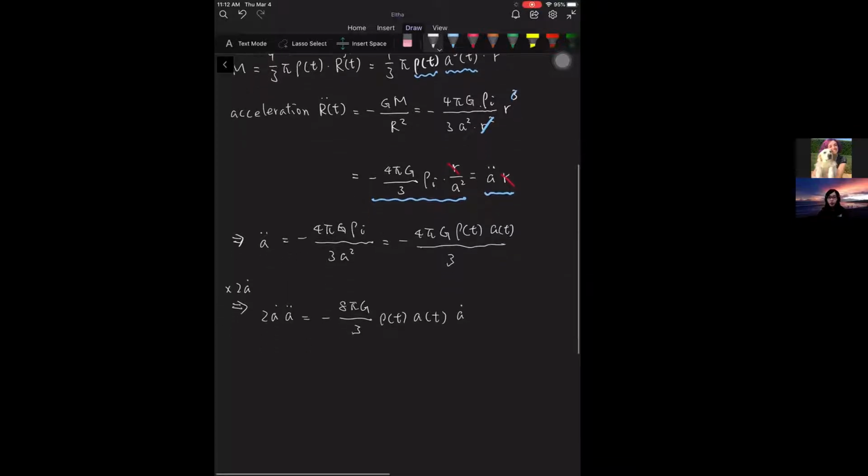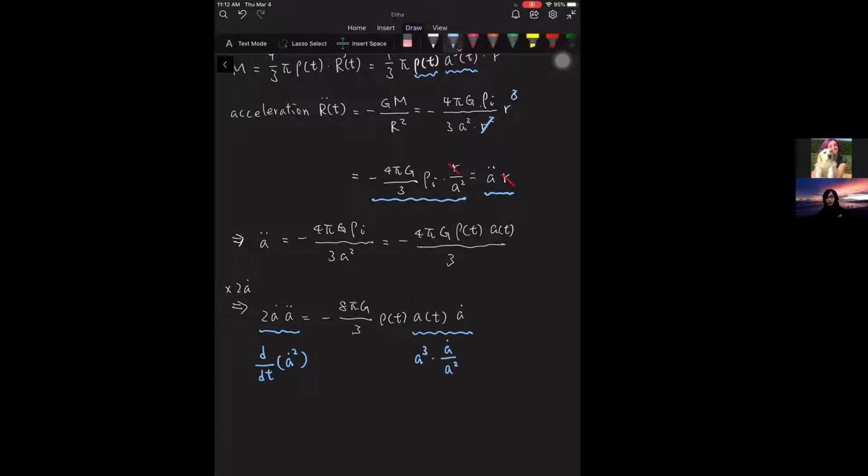For this term, 2 times a dot times a double dot, this is basically just the time derivative of a dot squared, right? And then this term here, a of t squared times a dot, we can write as a cubed times a dot over a squared, right?